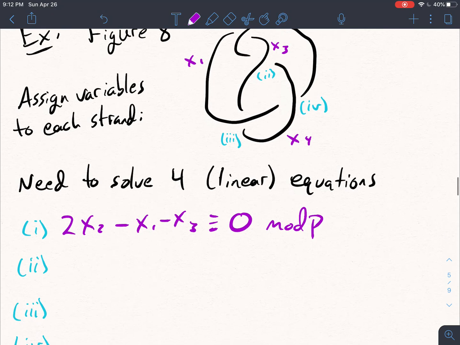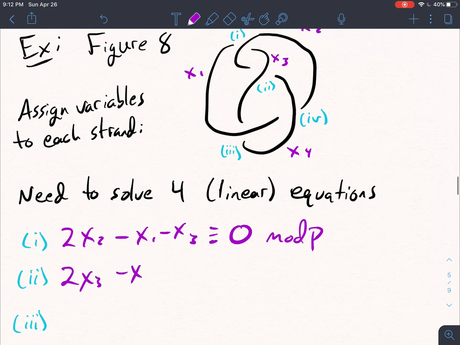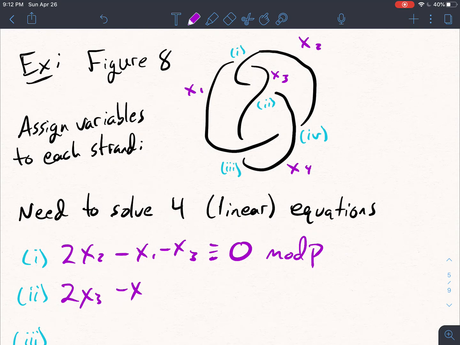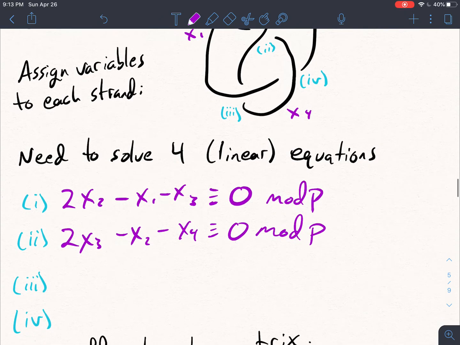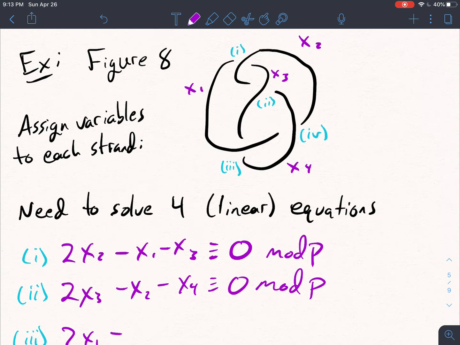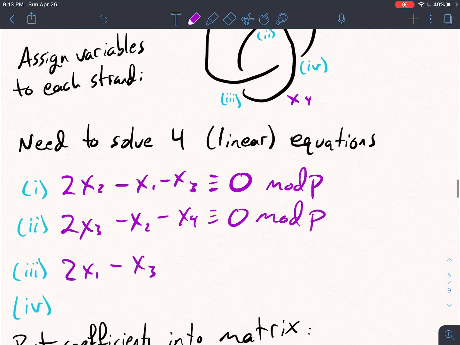So for equation 2, I have x3 as my overstrand, and then my understrands are x2 and x4. So I need 2 times x3 is equal to x2 plus x4 mod p, or 2x3 minus x2 minus x4 is congruent to 0.